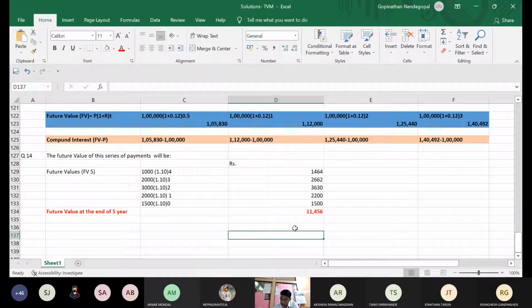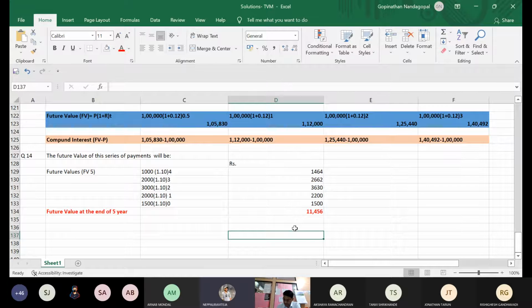The interest is 10%, which is nothing but 1.10. Am I right? Yes, sir. So this is totally 5 years. So you make a payment at the end of the fourth year, power of 4. Sir, 5 minus 1. You are doing right, sir. Yes, 5 minus 1, I'm doing it directly.